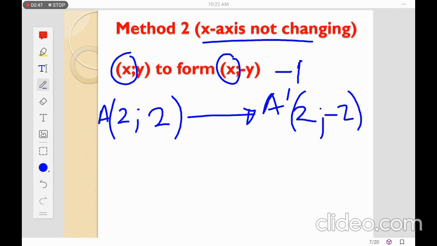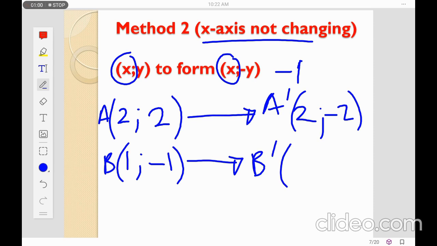Then we go on for B. B, we had 1, minus 1. Our x is not changing, so x is 1. Then for y, we have a negative here and we multiply by minus 1, so we get a 1.